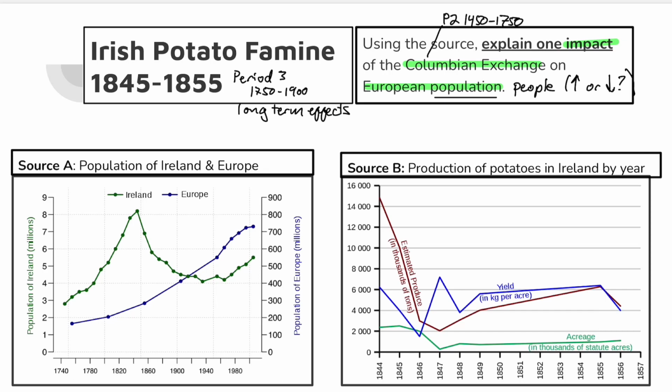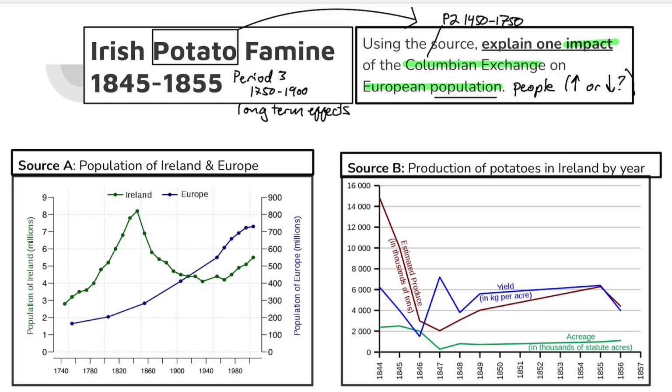Okay, and it mentions the potato. We know that that came from the New World because we completed that on our first worksheet in period 2 due to the Columbian exchange. So does the potato relate to the Columbian exchange? Yes. Does the potato relate to the European population in period 3? Yes. So you can make those connections.